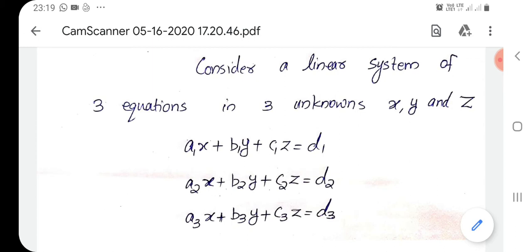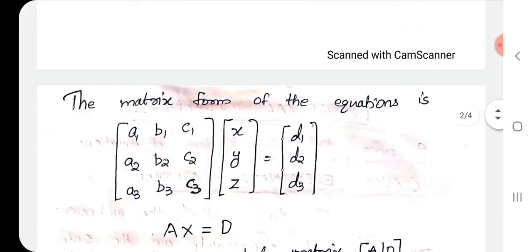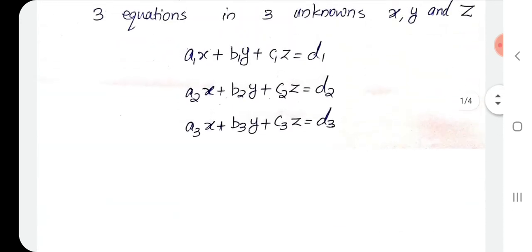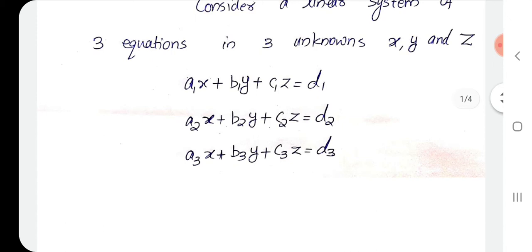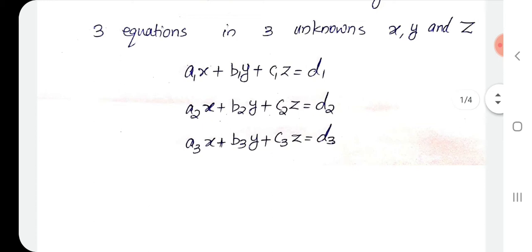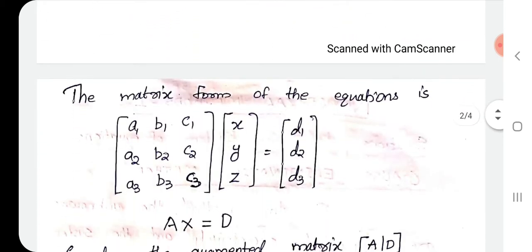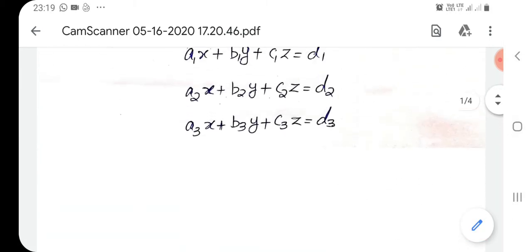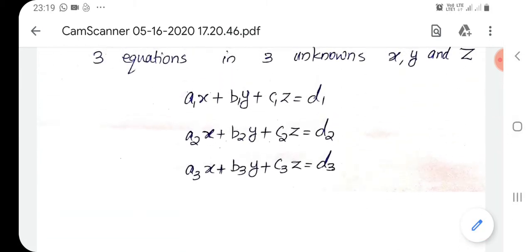The matrix form of this system is: the first row entries are the coefficients of x, y, and z, and we form the coefficient matrix A1, B1, C1, A2, B2, C2, A3, B3, C3, multiplied by x, y, z, is equal to D1, D2, D3.